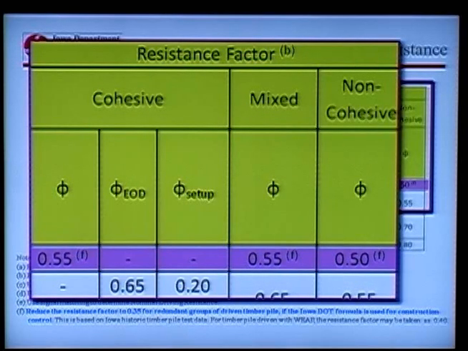So 0.5 for design, 0.35 for determining the target driving resistance. Two different items here. Because you're going to have two different resistances: one for design and one determined at the site using the dynamic formula.